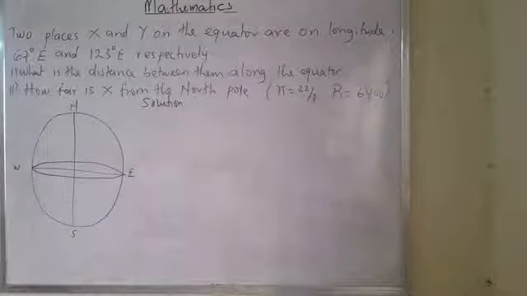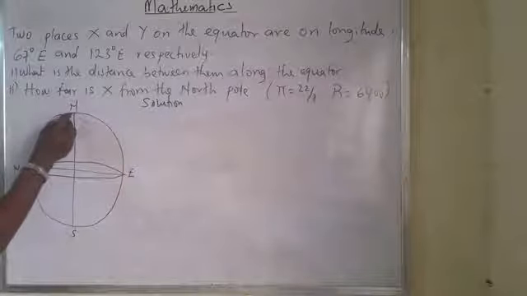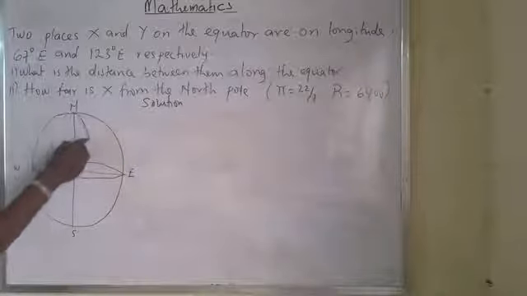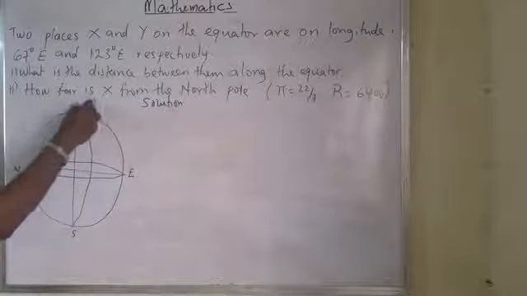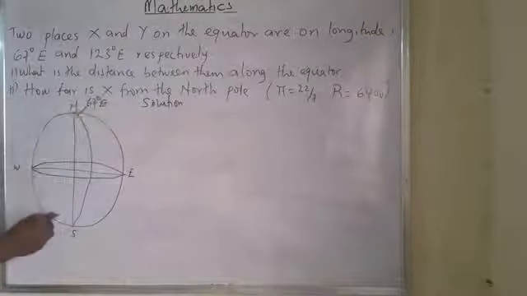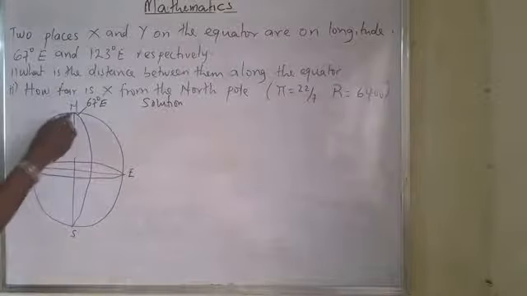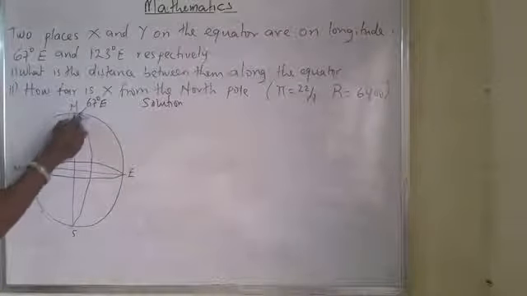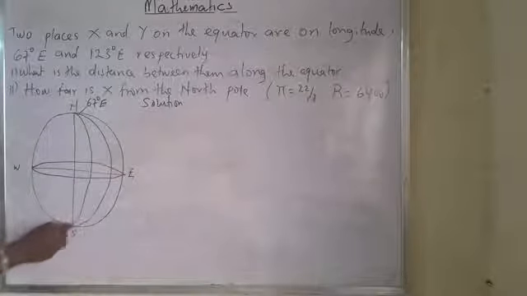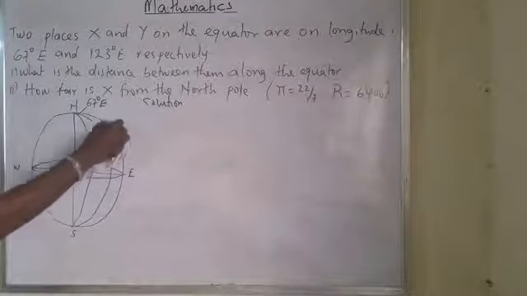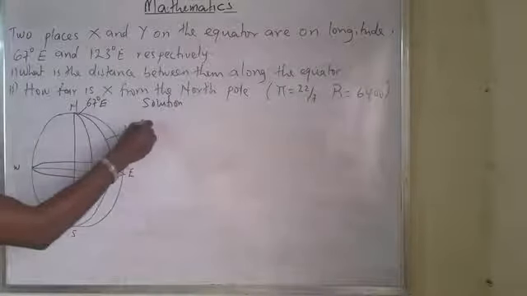Now, the distance we are talking about, we are on 67 degrees east. This is going to be 67 degrees east and here will be 123 degrees east.